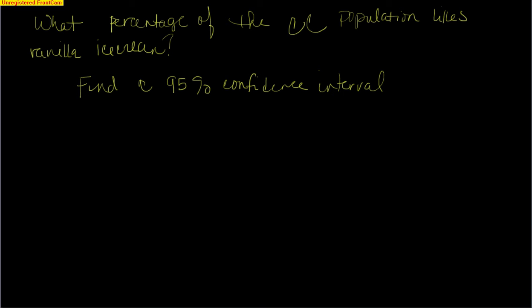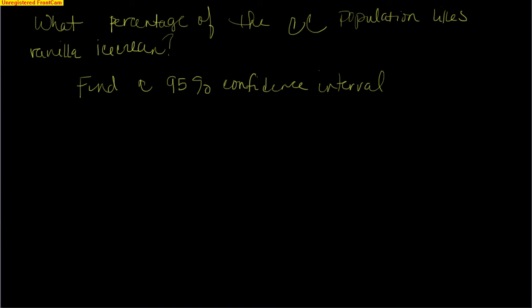But what we can do is we can ask a sample group of people. Now, it won't give us the exact percentage, but it will give us a sort of range in which the true percentage is. And we want to do that to a level of what we call 95% confidence. And I'll get into that in just a minute.